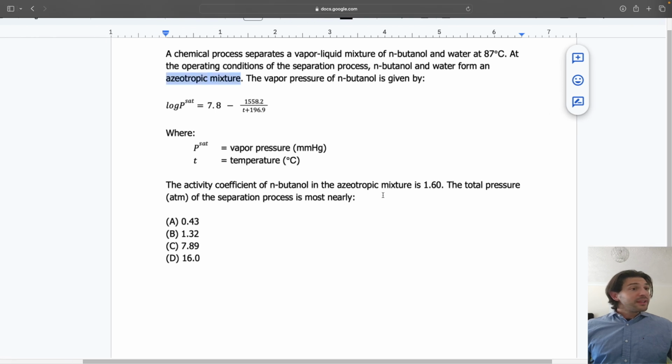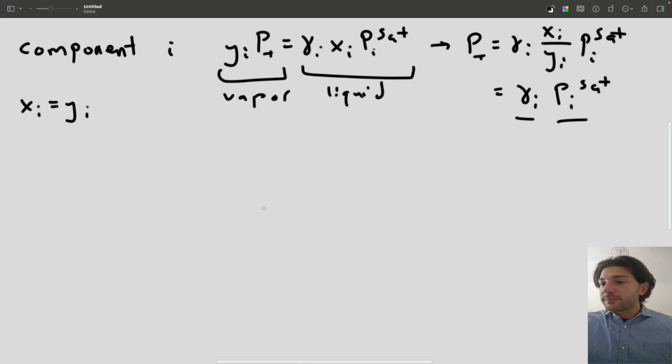The problem gives us the Antoine equation for N-butanol. So let's see what units we have. Our temperature is in degrees Celsius and our vapor pressure is in millimeters of mercury. So knowing this, let's put everything in.